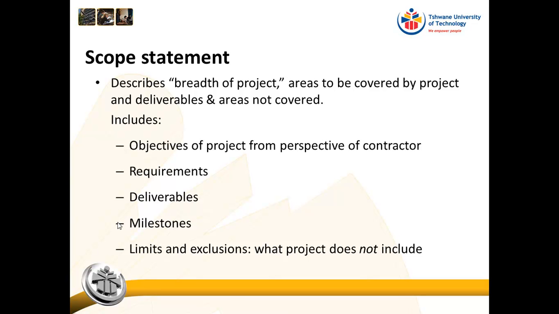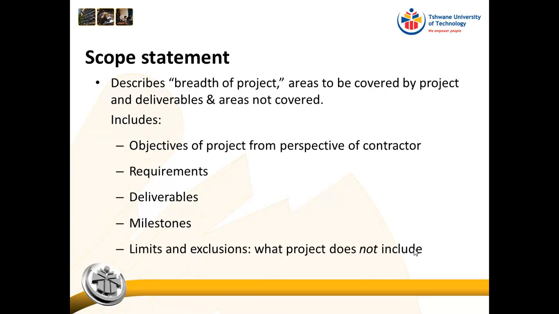Alright, and then the last thing which is important and links to the areas not covered is the limits and exclusions. So what does the project not include? And this is important because these are the things that cost you money at the end of the day if you do not stipulate them.